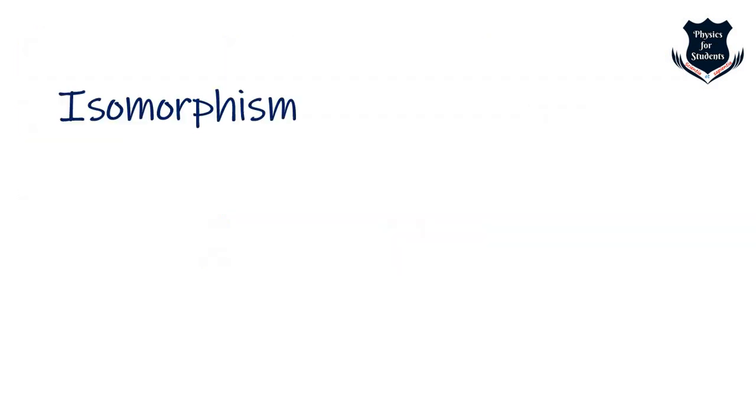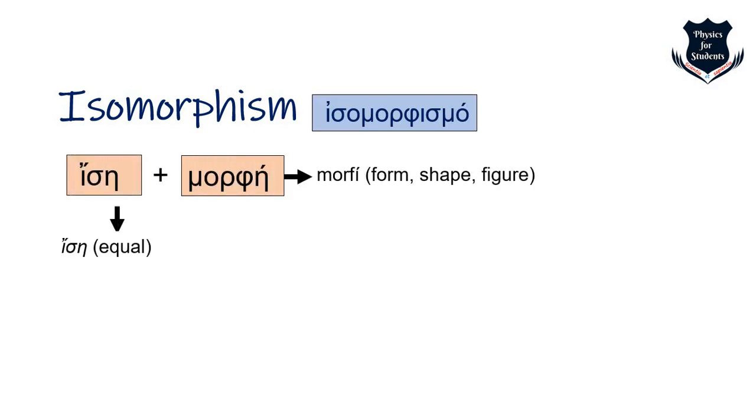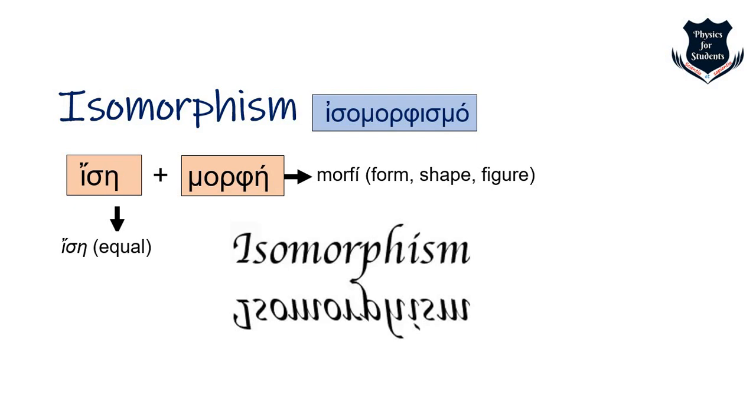When we come to isomorphism, it is also taken from a Greek term, and it means equal plus morphe, which is common to all three terms, taking shape or figure. Isomorphism is something like what you can see on your screen, where the word isomorphism is carrying a reflection, but it still reflects the same word.